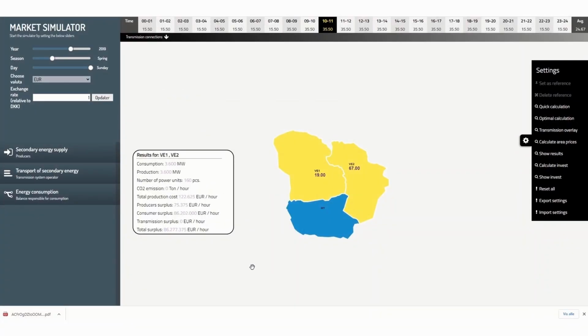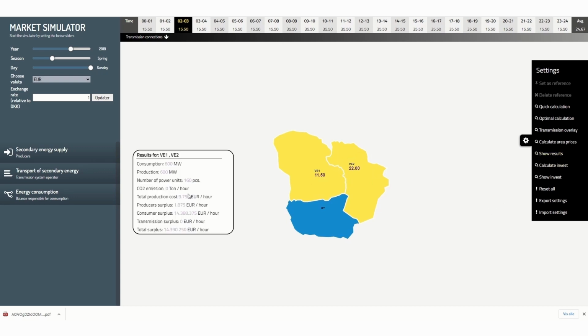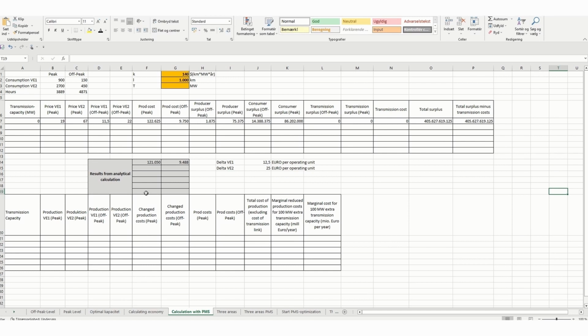Now I've done the calculation in the peak period. I will also do the same calculation in the off-peak period here. Do the calculation here, and then you can see here we have lower prices, and I will also take the results here and place these results into my Excel sheet here.